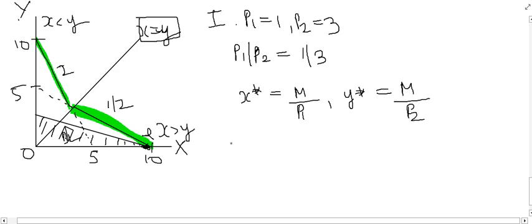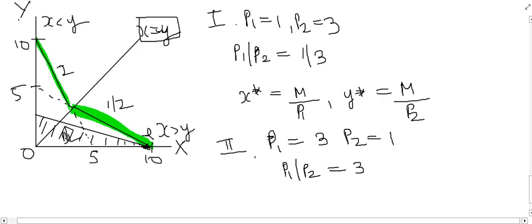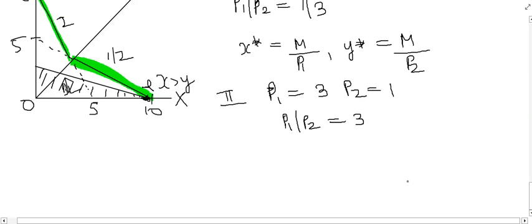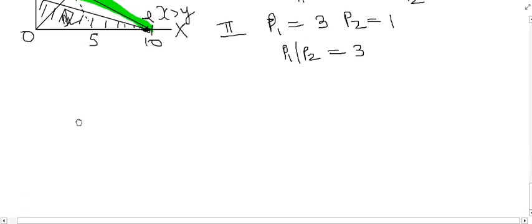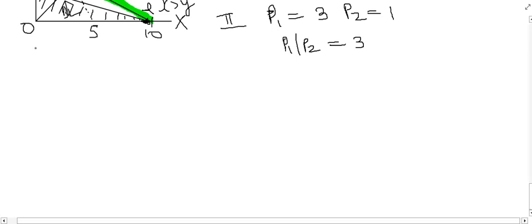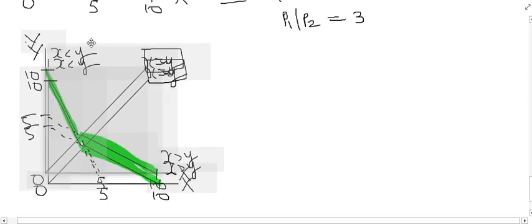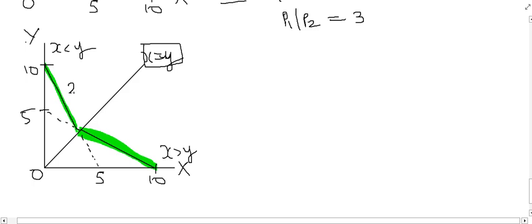Okay, now let's take case 2 where p1 equals 3 and p2 equals 1. Price ratio equals 3. Now let's draw another diagram for this. Let me copy that. The slopes are 2 for this segment, half for this segment.